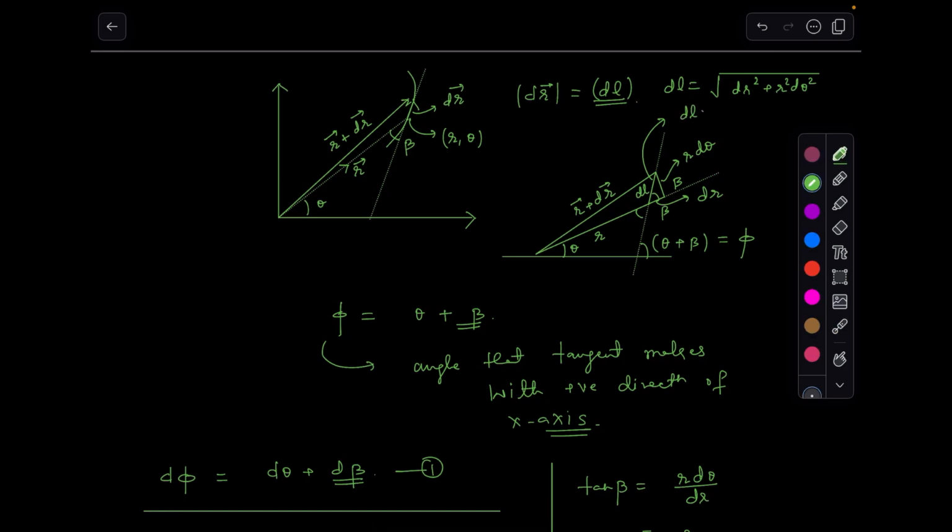So dl can be written as d theta into under root of r square plus dr by d theta whole square.